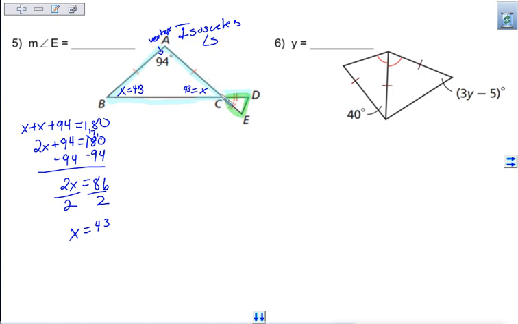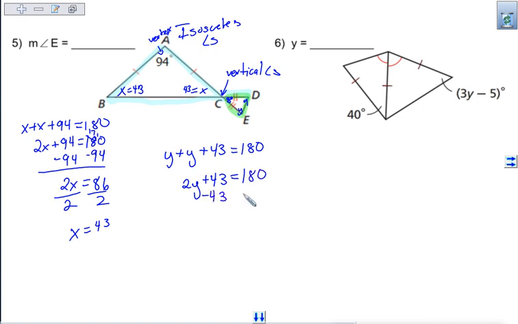So we know angle ACB is 43 degrees. What do we know about angle DCE, this angle here? It is also 43 degrees because we have vertical angles. Then we can do the same thing we did on the other triangle and set up to find missing angles. So we have y plus y plus 43 equals 180. Combine our like terms. 2y plus 43 equals 180.